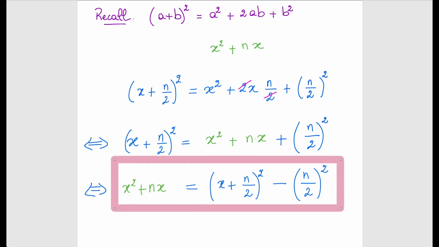Well, what does it say? It says that if you would like to rewrite x squared plus nx as a perfect square, as something squared, you just have to keep the x and add to it half of the coefficient of x.